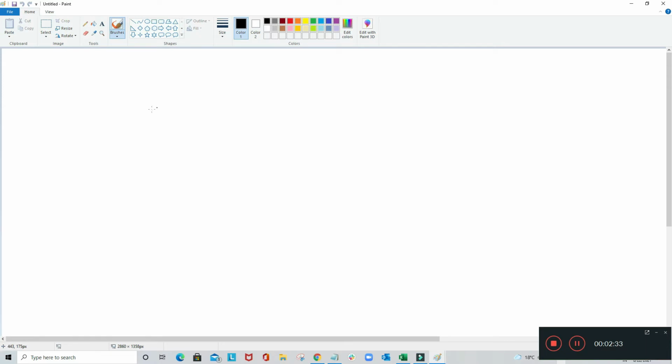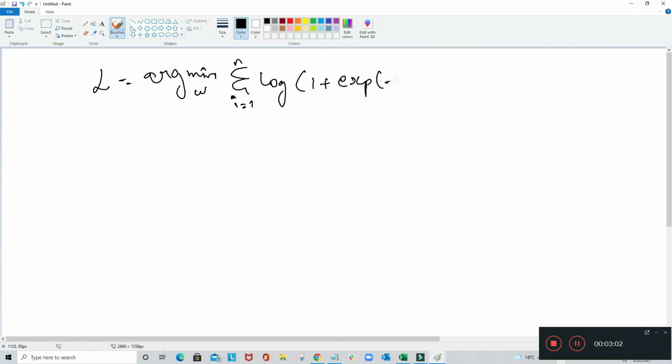Let's take logistic regression. For logistic regression, the loss function is defined as: find the w that minimizes the sum over i equals 1 to n of log of 1 plus e to the power of minus yi w transpose xi.